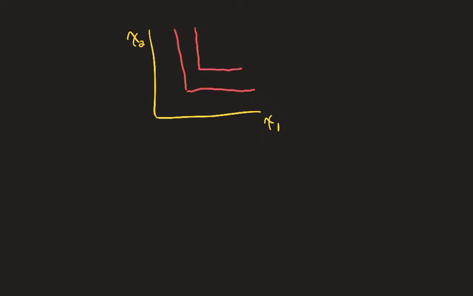And so you sort of see, if you're at this point with maybe 1 car, 4 tires, adding extra tires keeps you on that same indifference curve. Likewise, adding extra cars keeps you on that same indifference curve.